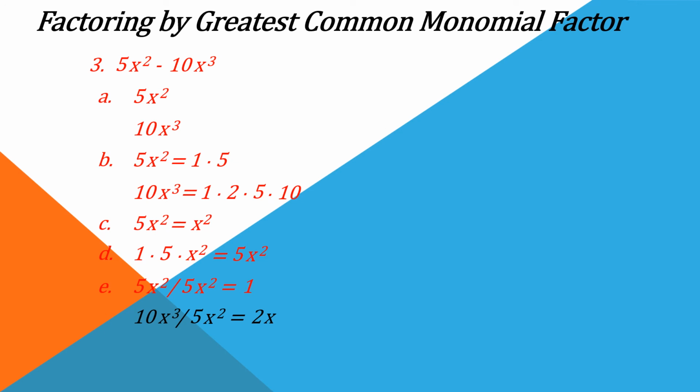We combine the greatest common factor 5x squared and the combination of 1 and 2x for the final factor. So 5x squared minus 10x cubed is equal to 5x squared multiplied by 1 minus 2x. Again, we adopt the sign of the 10x cubed for the combination of 1 and 2x.